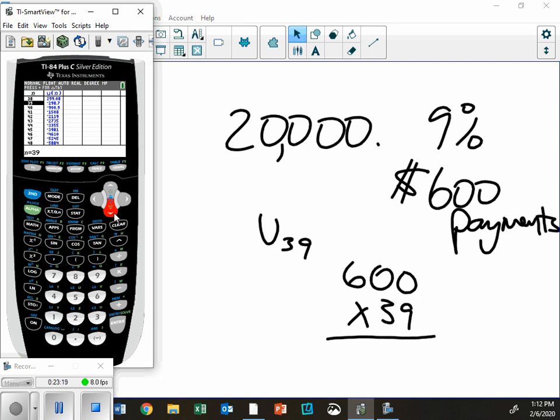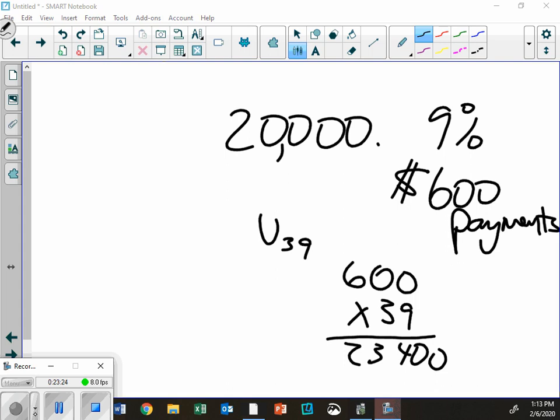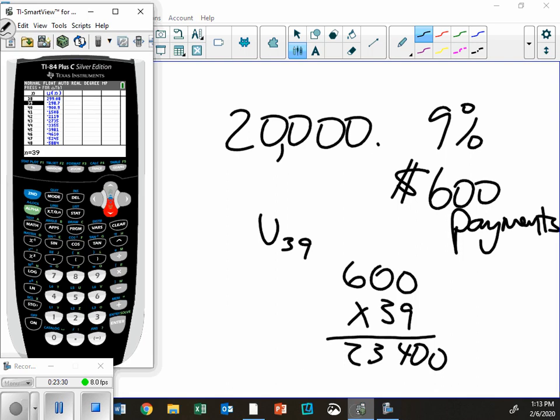So I do 600 times 39, just pausing for a sec. Okay, I got 23,400 is the total that I paid, but then I look and see how much they owe me back. They owe me back 298.7. I'm going to get that to the penny by arrowing over here.